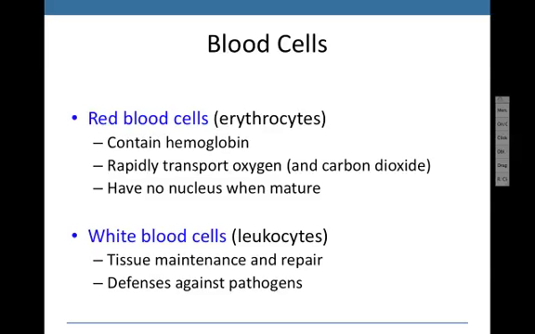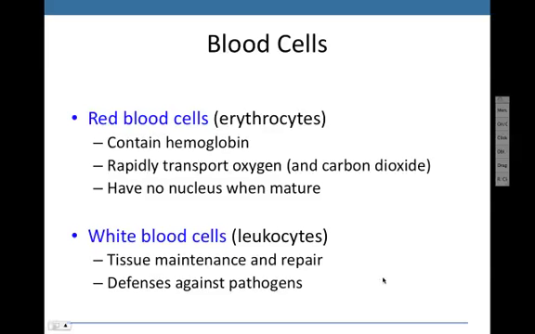But red blood cells have no nucleus when they're mature. So they live for a total of about 3 months, 120 days. 4 months, sorry. And they are constantly being replaced by the bone marrow, which is where they're made.